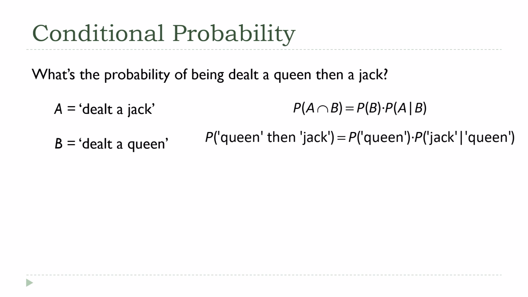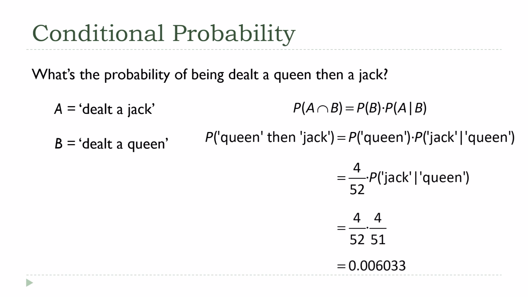That's the probability of a queen times the probability of a jack, given that you were dealt a queen. The probability of being dealt a queen is 4 over 52, 4 queens out of the 52 cards. And the probability of a jack given a queen is the same as we saw before. There are 4 jacks and 51 cards left in the deck, so that's also 4 out of 51. And again, you go to your calculator, you get the same amount.